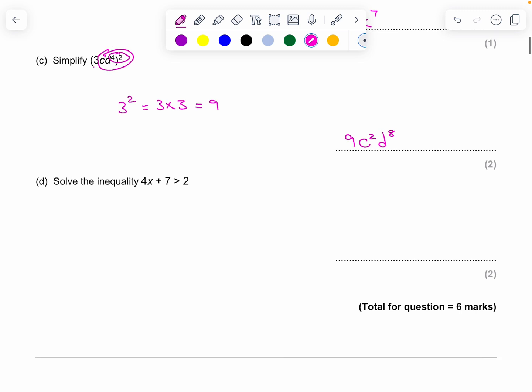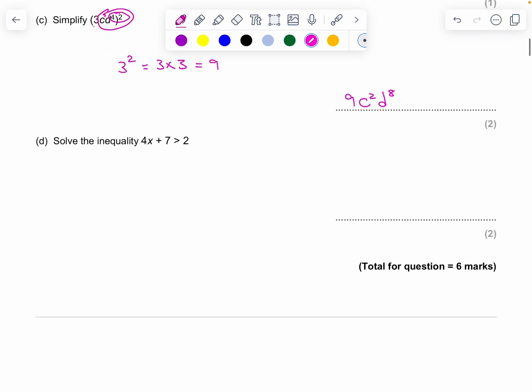Okay, solve the inequality the same way you would a normal equation. We're going to take away 7 from both sides to get rid of the plus 7. So we're left here with 4x is greater than 2 take away 7, which is minus 5. Then to get rid of the times by 4, we're going to divide by 4.